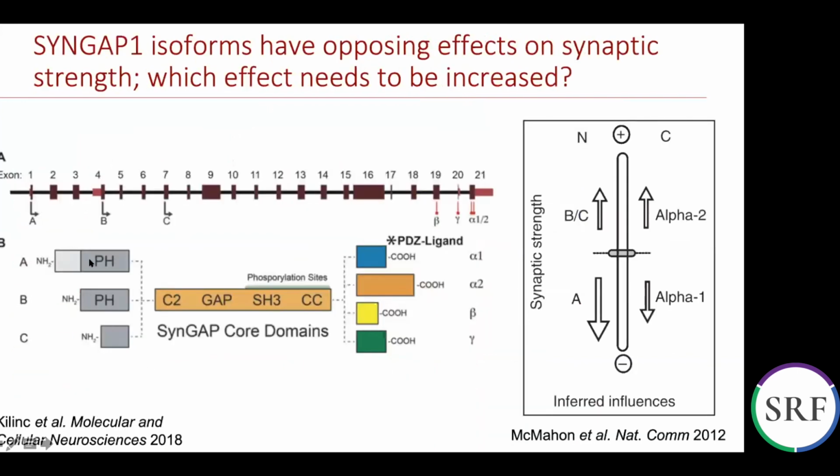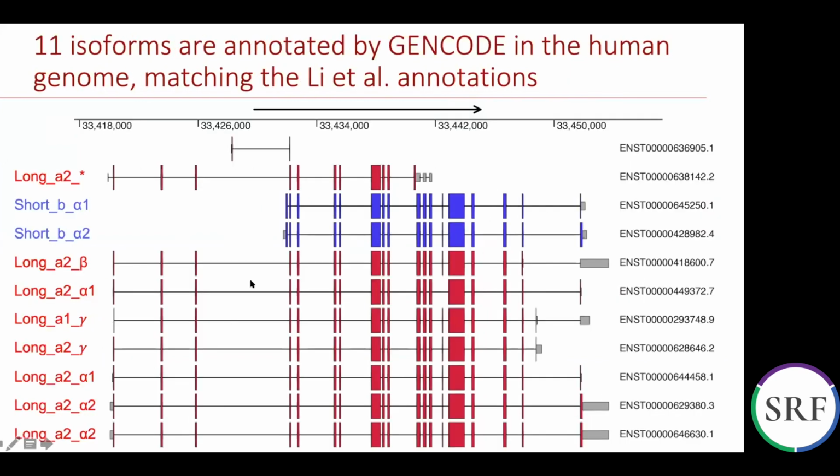We've got the long, the A, the short, the B, and then we've got this very short one called C. Now, in the human genome, we don't see any evidence for that C isoform in the list of transcripts. I think we need to go back to the raw data and just check that that is true, but it looks like we only have an A and B, so a long and a short. And I've colored here the long ones in red and the short ones in blue.